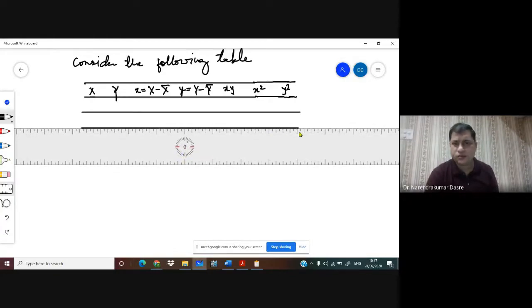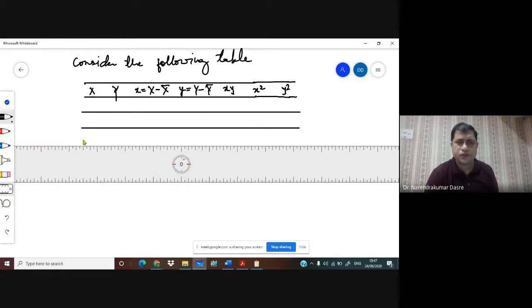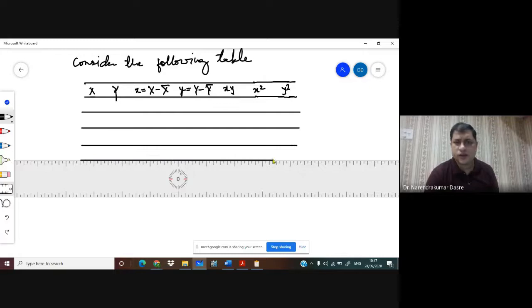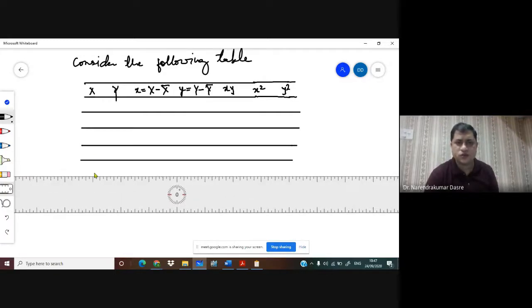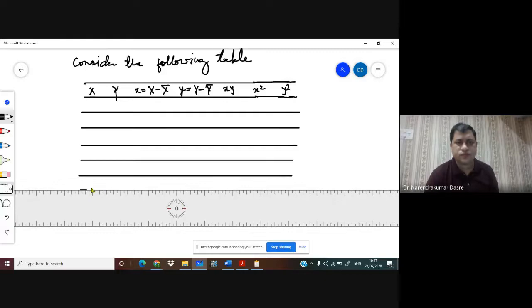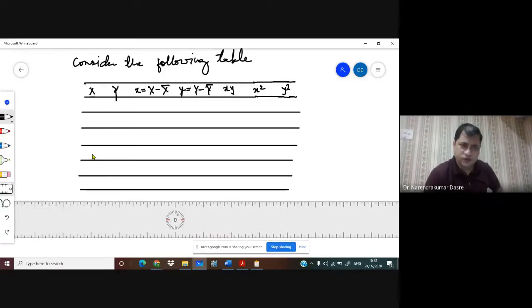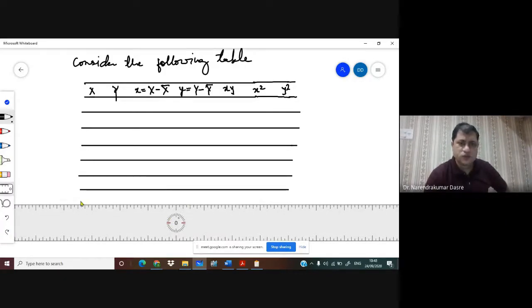Please make the table properly so that we'll have the proper calculations. Okay, so the last row will be for the summation.